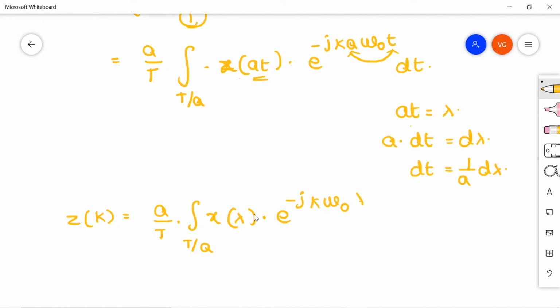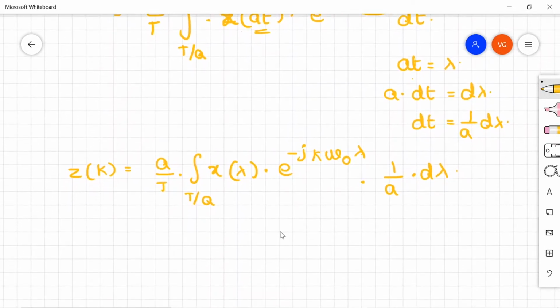So dt can be replaced as 1 by a d lambda. What I did is again explained: taking a t as lambda, differentiating on both the sides so that I can replace dt. So a into dt is equal to d lambda, so dt can be replaced as 1 by a d lambda. And in the power also, I am replacing a t with lambda. Here x of a t I am writing as x of lambda.